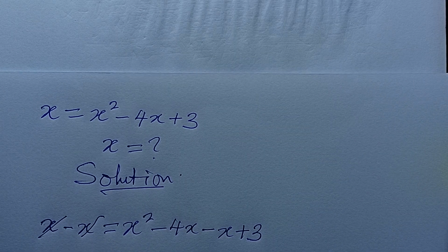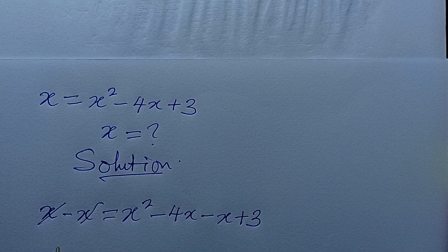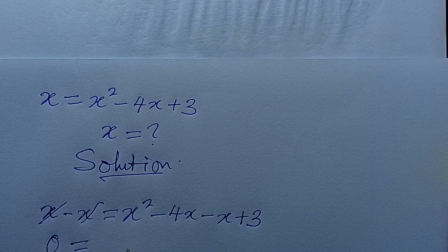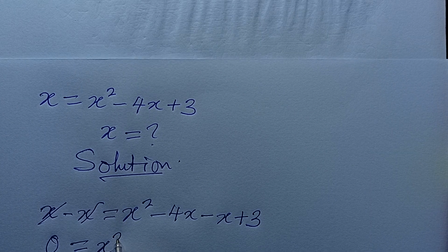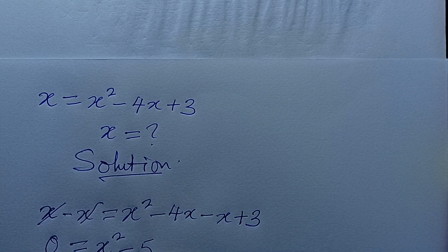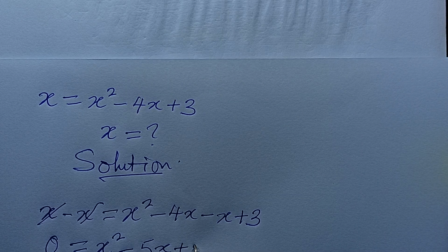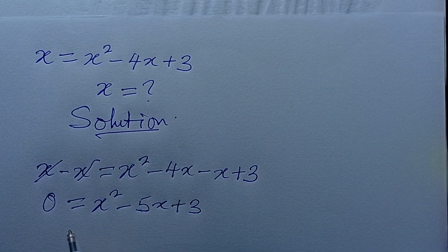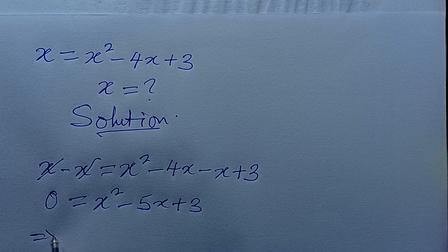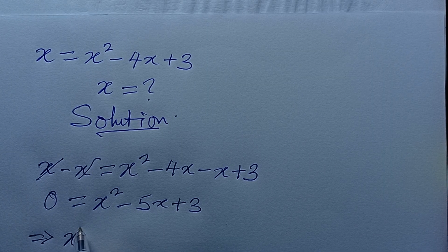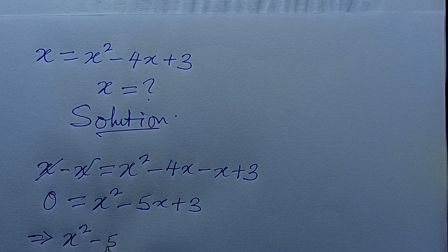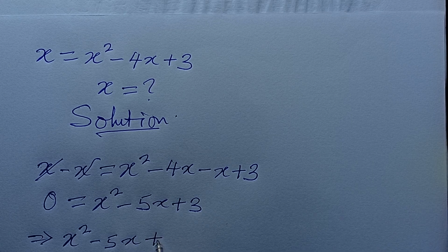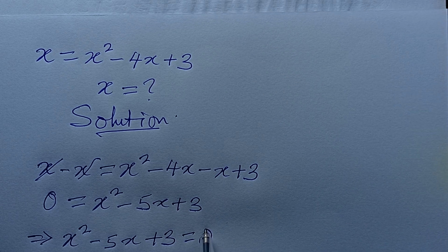Then this will give us 0. So we are now left with 0 equal to x to the power of 2 minus 5x plus 3. So this now implies that x to the power of 2 minus 5x plus 3 is equal to 0.